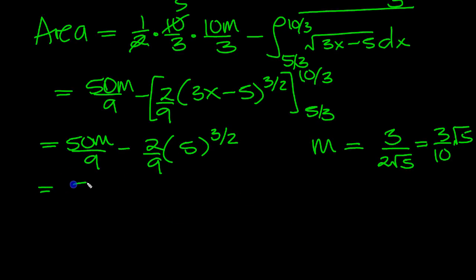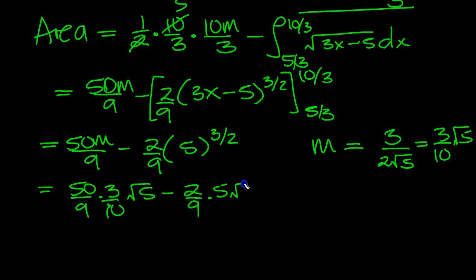So it's 50 over 9 times 3 root 5 over 10, minus 2 over 9 times 5 root 5. So we end up with that, that goes into that 5 times. This goes into that 3.